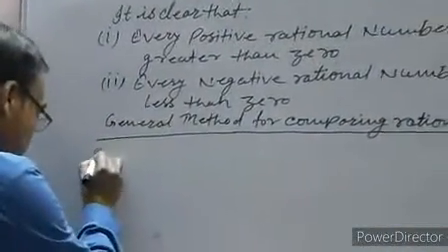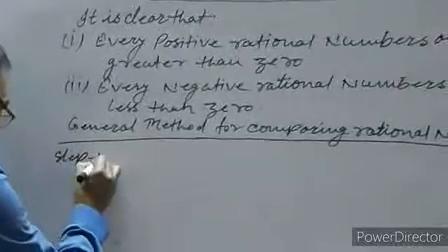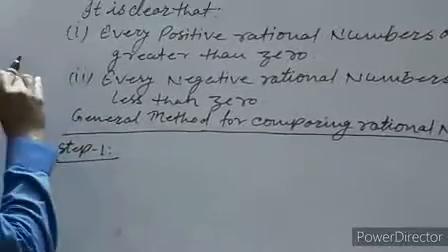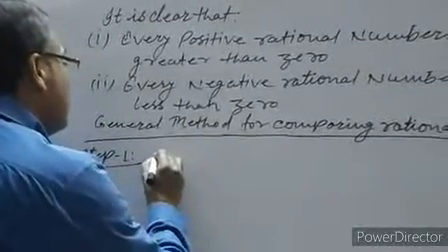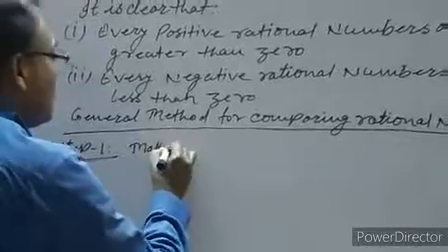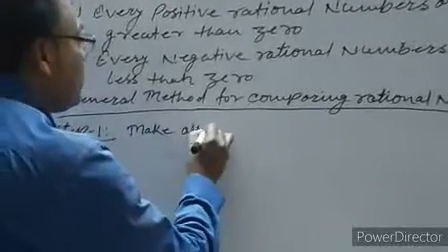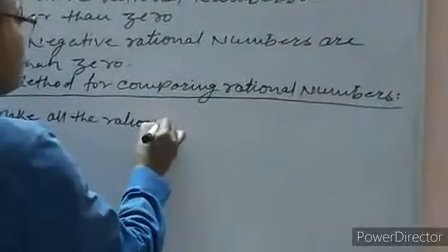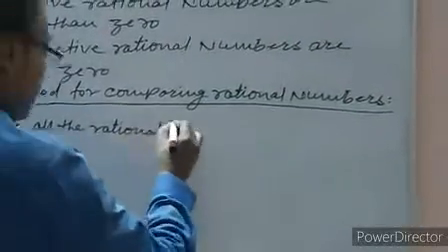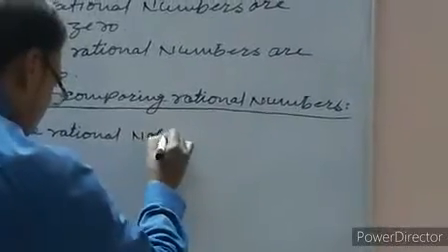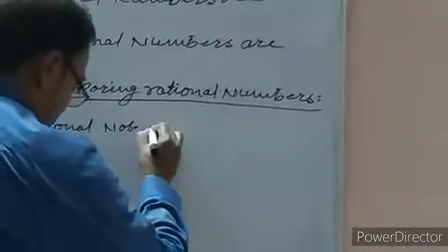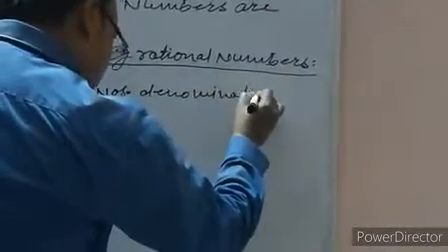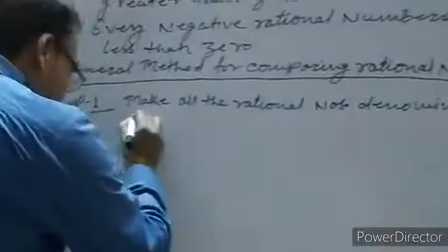Step 1: make the denominator of all the rational numbers positive.